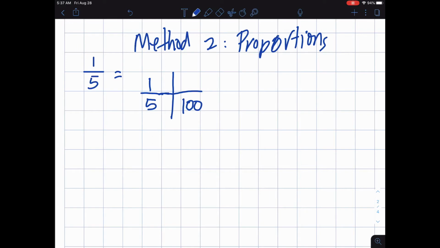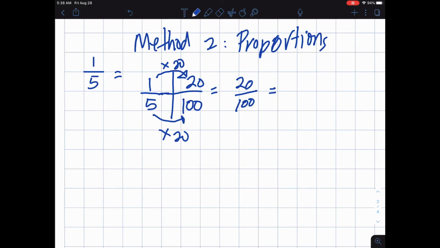So you could easily look for proportions right there. If you see from 5 to 100, you could easily spot that that's 5 times 20. Now, if that's 5 times 20, then you apply that on top. That will be 1 times 20. So the answer is 20 hundredths.